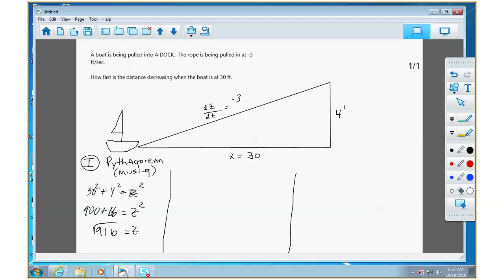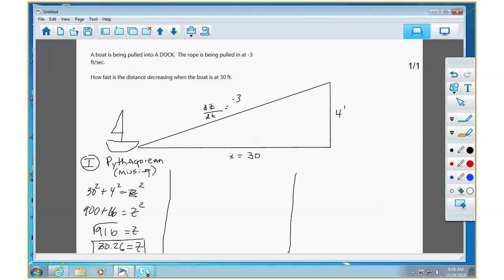I think I did that in my calculator, 30.26. Might check that. So everybody at this point feels good about themselves.